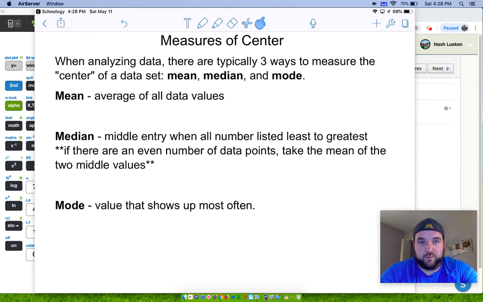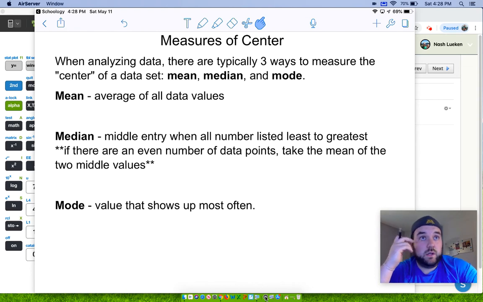All terms that you've heard before. The mean is the average of all data values, meaning we're going to add them all up and divide by the number of data points. So if five people responded, you add up all their numbers, divide by 5, that gives you the mean. The median is if you line up all the numbers from least to greatest, what number is right in the middle.